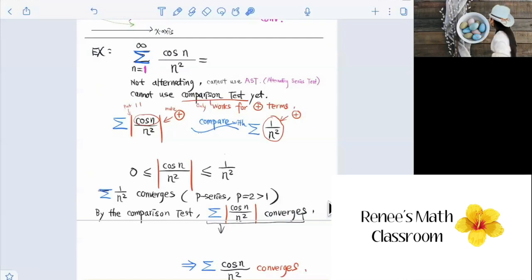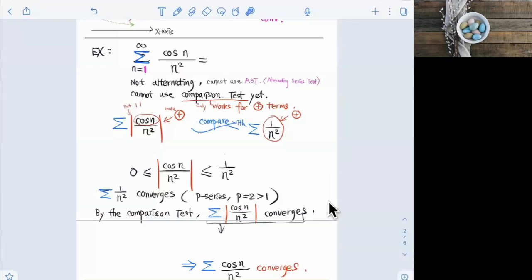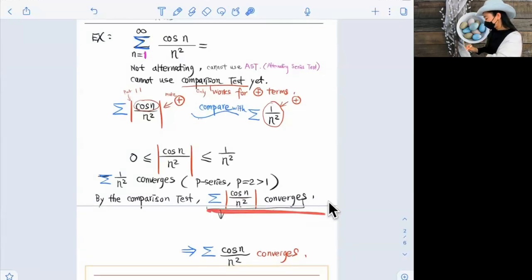The trick is to put the absolute value on every term and then use the comparison test. If that series converges, then without the absolute value, it will also converge. Because this is absolute convergence and this is just the normal convergence. So absolute convergence is the stronger kind, and it implies convergence.